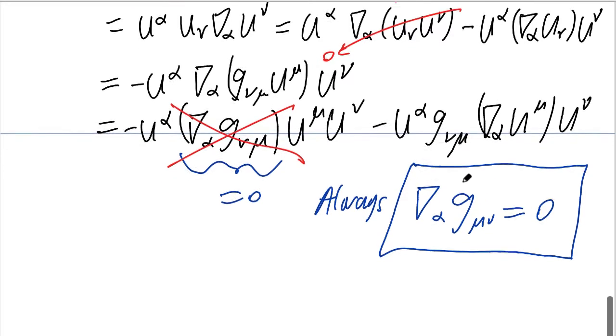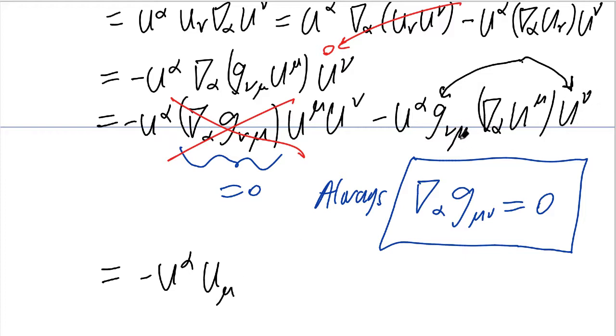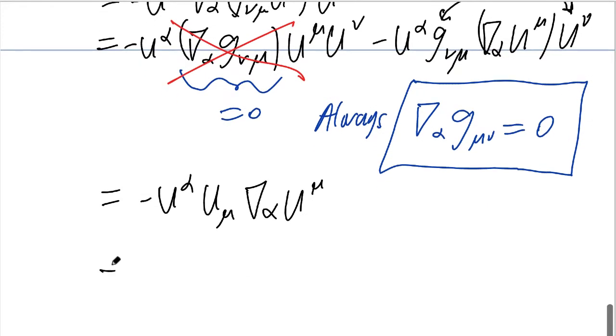And if you like, we can also use this metric here that's wired together with these velocity components here to lower the index. So this is minus u alpha u mu, that's this u nu with the index lowered, del alpha u mu. Okay, this is equal to, if we pull out the minus u mu, what we're left with is u alpha del alpha u mu, but that's just the acceleration.